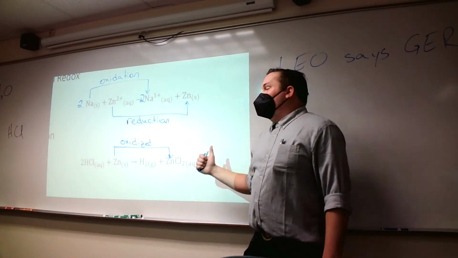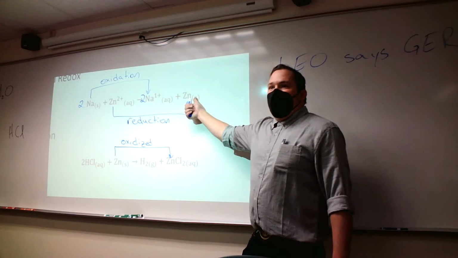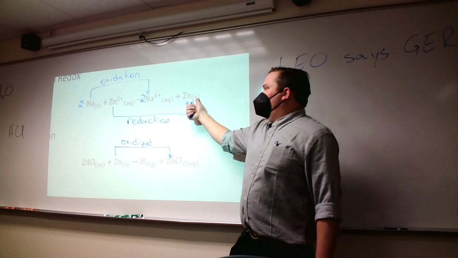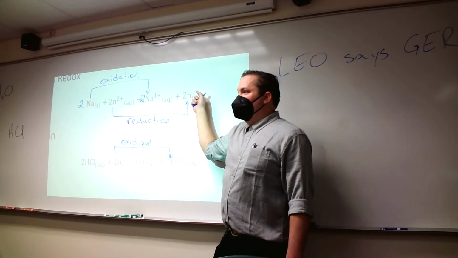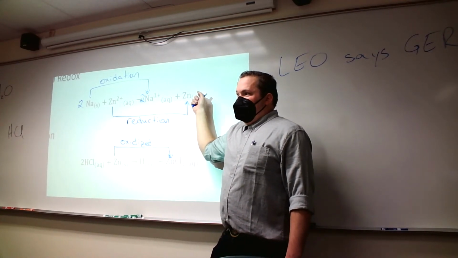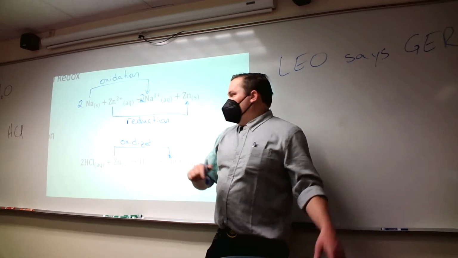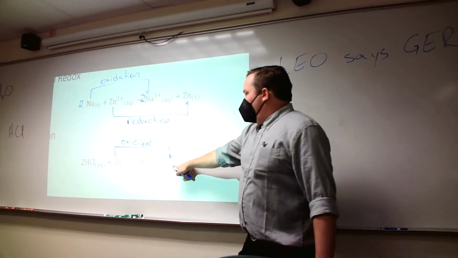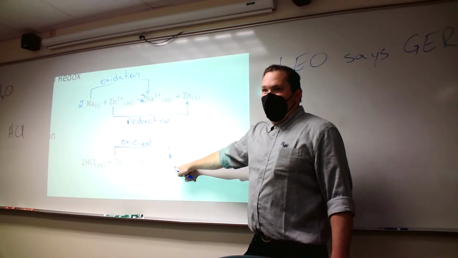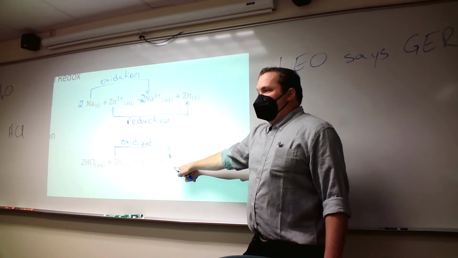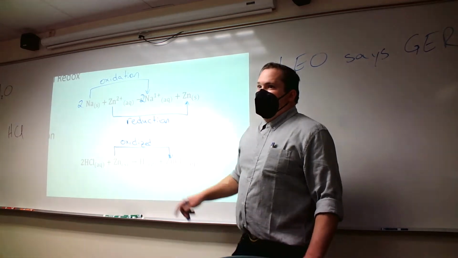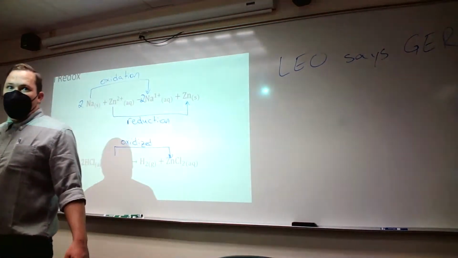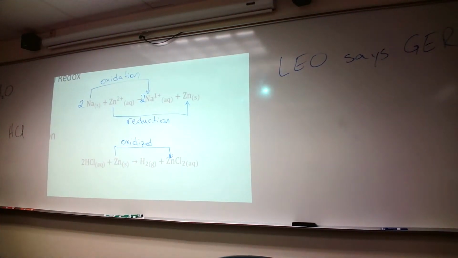If you're making a metal, that must be a reduction, because you had to start with a positive charge and end neutral. So it's the opposite of oxidation. If you're starting from a metal and now it's no longer a metal anymore, almost always an oxidation. That's just one more way to try and remember it and make it make sense in your head.